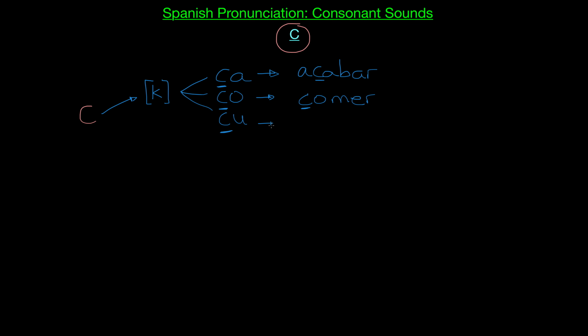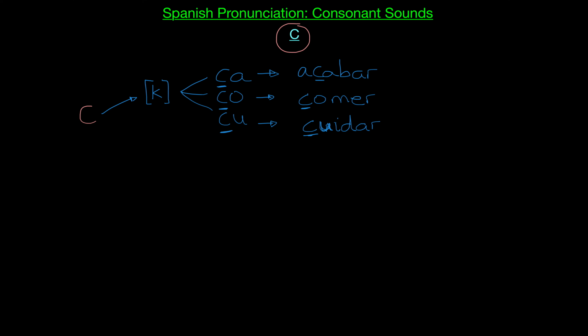An example of ku would be, for example, cuidar, to look after. This is a U, by the way, and not a very pretty one. Acabar, comer, cuidar, okay? So this happens when this C is in front of A, O, U. Ka, ko, ku. Not too complicated there.